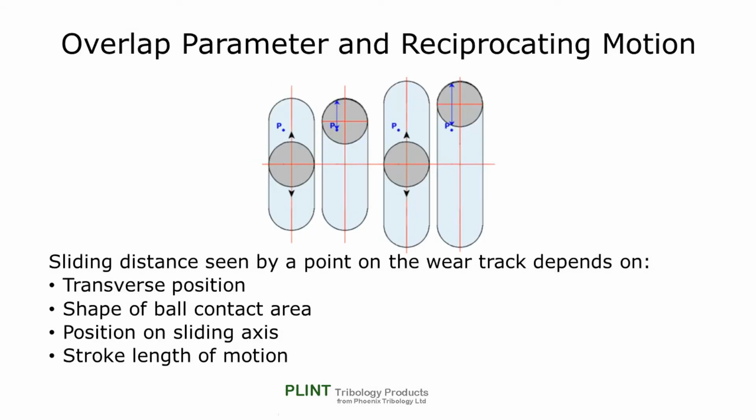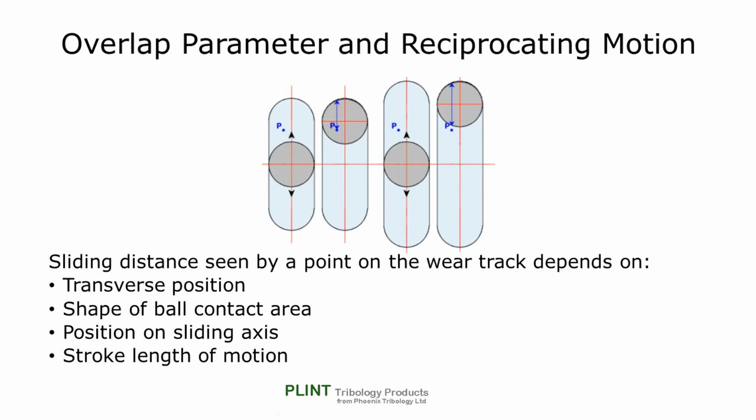With a reciprocating ball on flat test, the sliding distance seen by a point on the wear track not only depends on its transverse position and the shape of the ball contact area, but also its position on the sliding axis and on the stroke length of the motion.